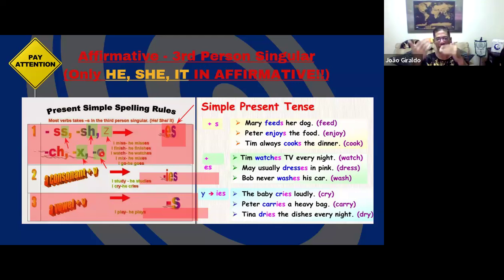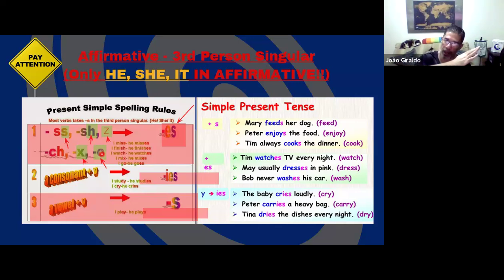The verb variation is only in affirmative. So I do my homework, she does her homework. The negative: I don't do my homework, she doesn't do her homework. I use the auxiliary doesn't, and my verb returns to infinitive because I have the auxiliary doesn't. Okay? And the interrogative, equal: do I do my homework?